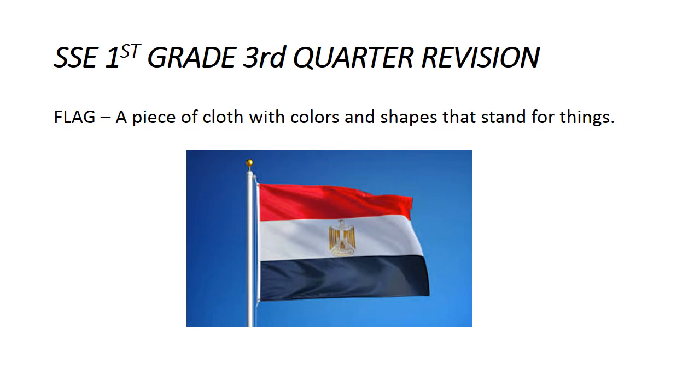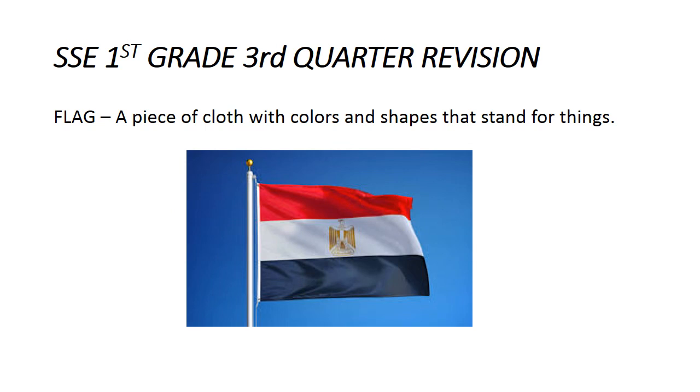We spoke a lot of times about the American flag and about the Egyptian flag, about colors, about the symbol on this flag and what the meaning of this symbol is. So remember well what is the meaning of flag. A flag is a piece of cloth with colors and shapes that stand for things.